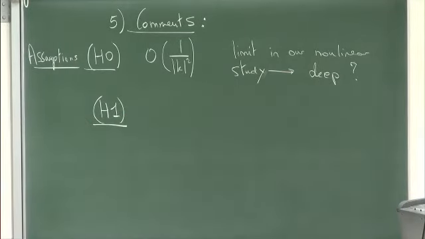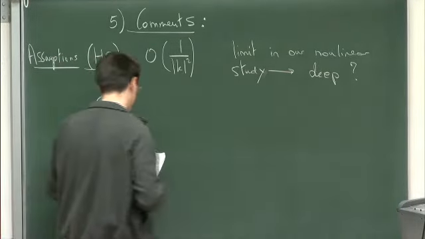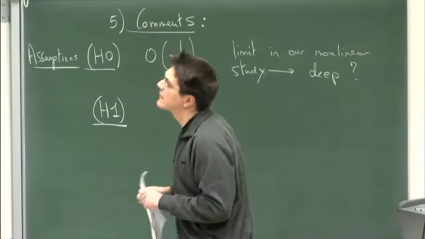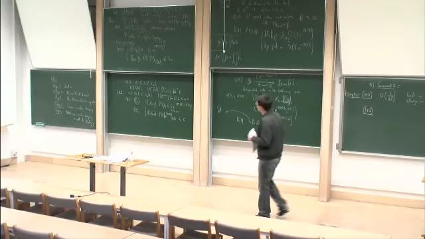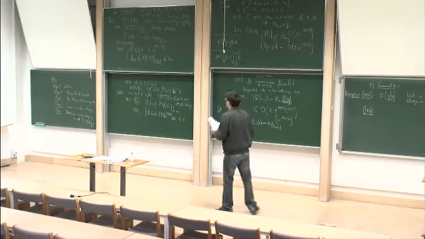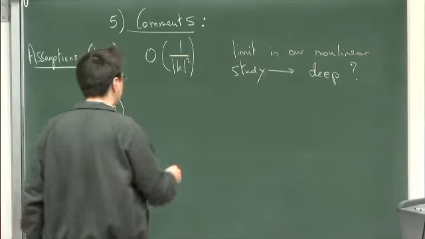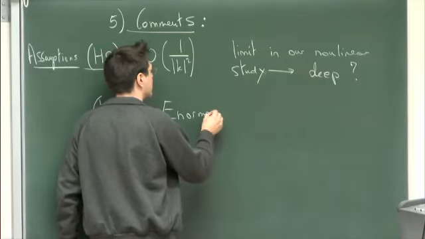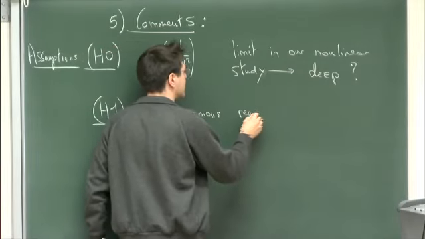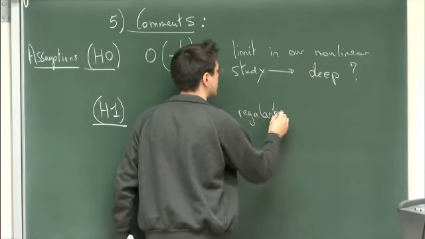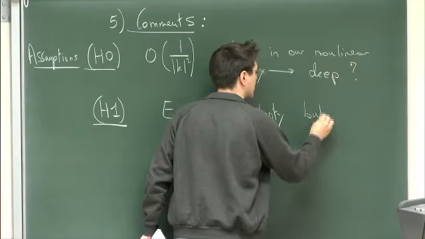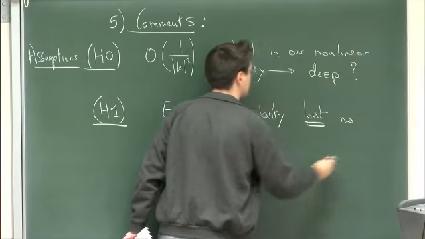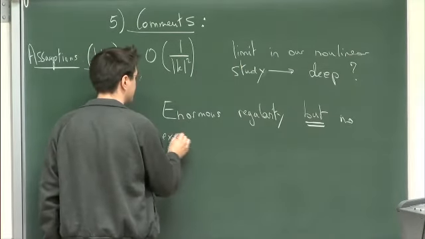We will see this. H1 is about the stationary state. Remark that we ask a lot of regularity, enormous regularity, but I don't ask Gaussian decay. I don't ask exponential decay in V.